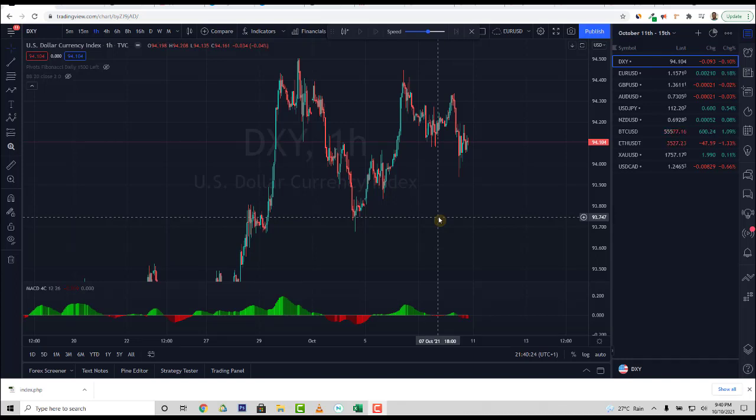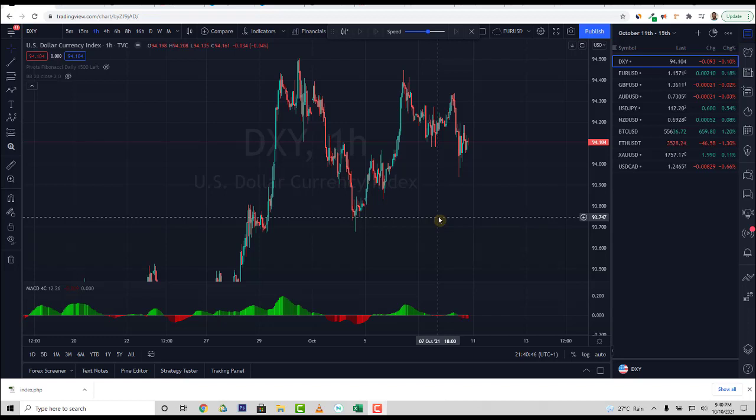Alright guys, before we proceed, I want you to understand that I use a combination of price action, wave analysis, market structure, and of course commitment of traders to come to a decision of what my trade bias is going to be.